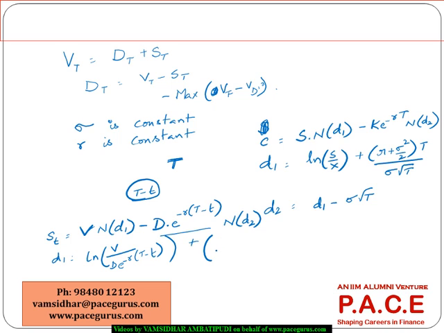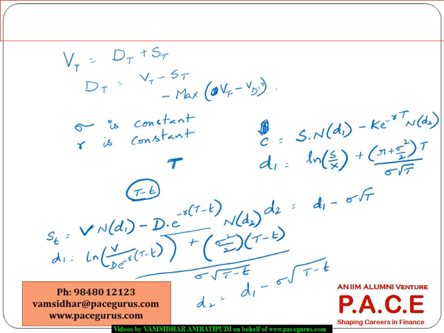But if I am looking at a future date, r does not play any role. So directly I take sigma squared by 2 into (T minus t), divided by sigma root (T minus t). This is the value of d1, and d2 will be d1 minus sigma root (T minus t). This is what goes into d2 for the computation.